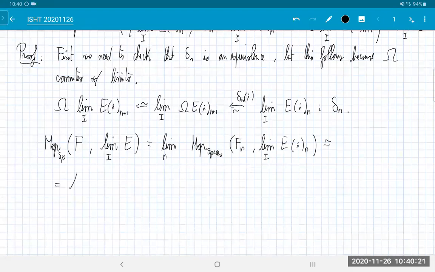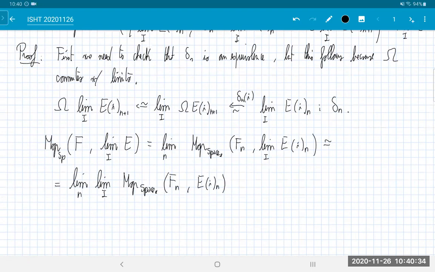And then we just move the limit out, as you're allowed to do, and exchange them.